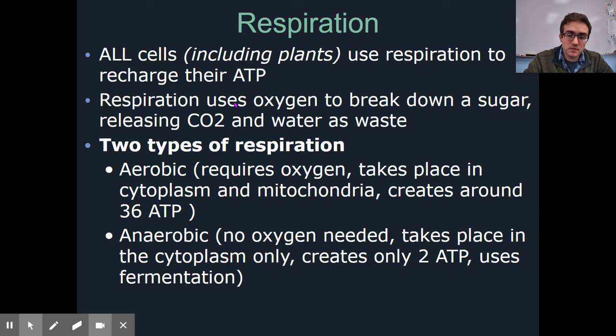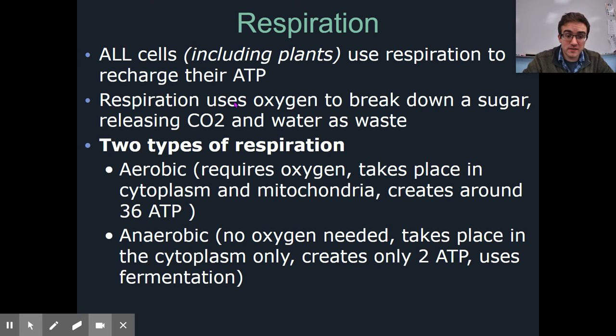In essence, respiration uses oxygen to break down a sugar. In most cases it's glucose, but it can be any monosaccharide. And in doing so, by using oxygen to break down the sugar, it releases CO2, carbon dioxide, and water as waste products. Remember that our main goal here is that ATP.